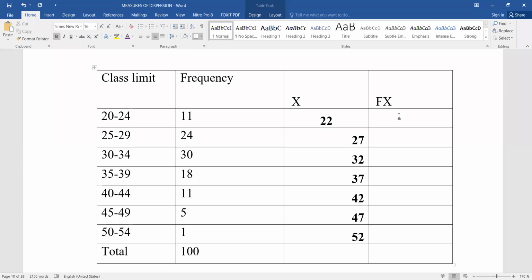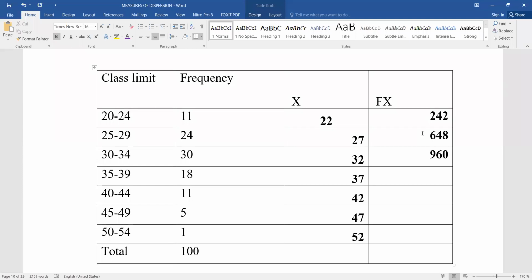What is 11 times 22? We have 242. Next value. For us to make a conclusion, we need to get the mean. Next value. 648. Next value. 960.